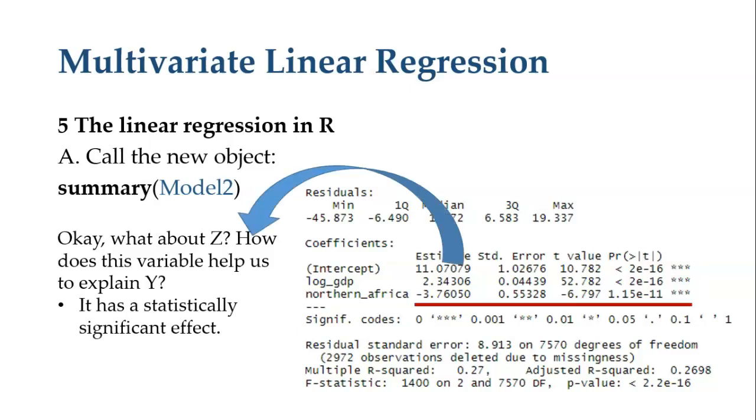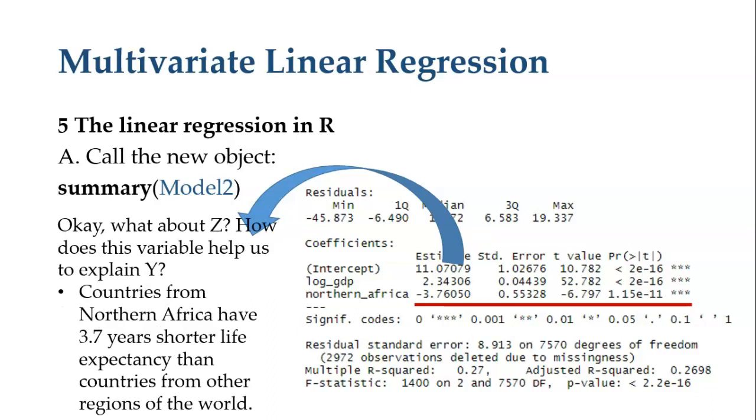So we check here that C is statistically significant, and we also see that it has a negative effect. As we expected, countries from Northern Africa have 3.7 years shorter life expectancy than countries from other regions of the world. So that's the way that we use linear regression with multiple variables.